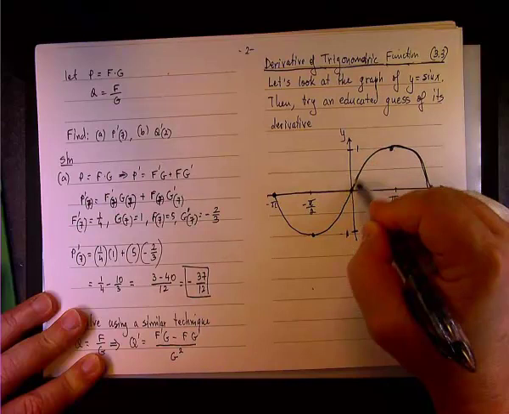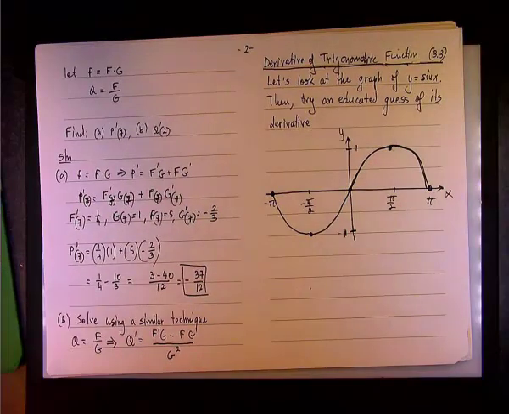And here's one cycle, not necessarily the classic one cycle from 0 to 2 pi, but negative pi to pi gives us also one period that is 2 pi. And now let's try to guess what will be the shape of the derivative.